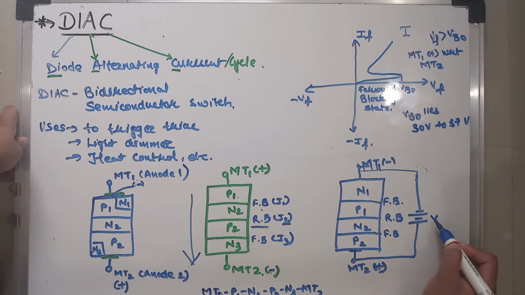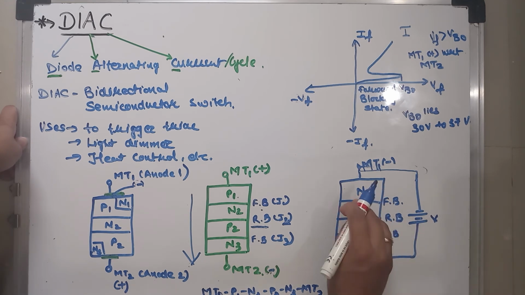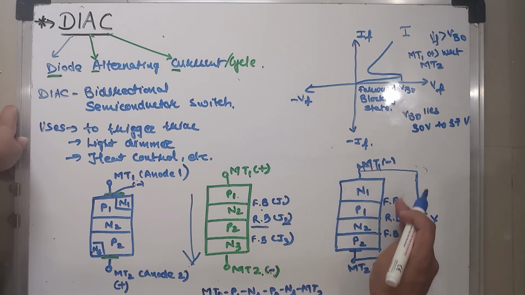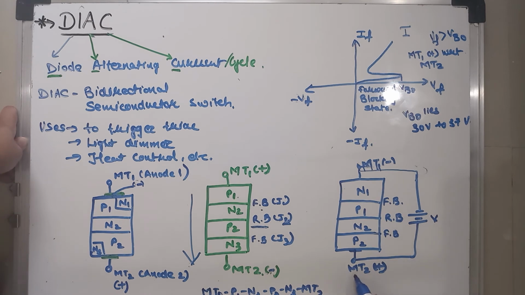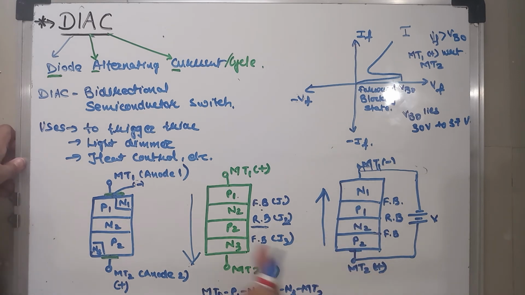At that time there is an avalanche breakdown of the reverse bias junction, and your device turns on. All the junctions are now forward biased, and current starts to flow from MT2 to MT1, meaning the direction of current flow is reversed compared to the previous mode.